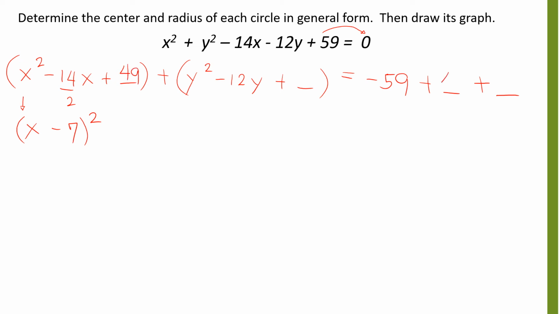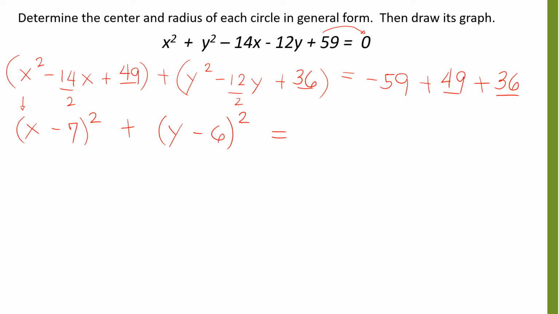On the other side, write 49. Plus, negative 12 divided by 2 is negative 6, while the square root of y squared is y. Put a parenthesis, then raise it to the second power, and 6 squared is 36. So, let's put 36 here.